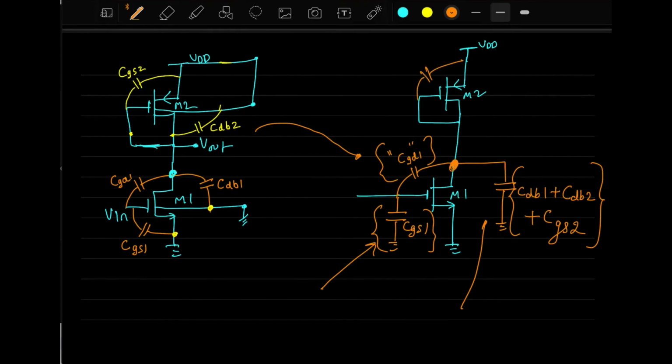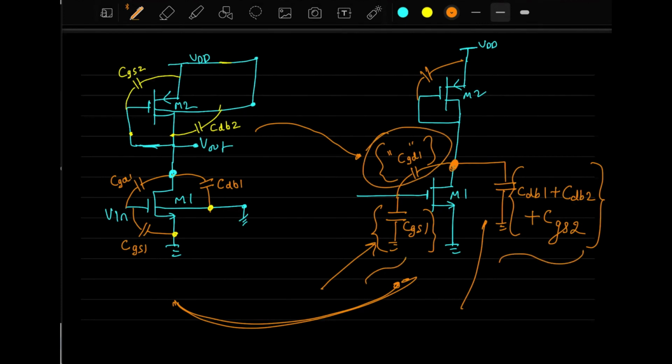It depends upon your architecture. This particular example has a capacitance at the input, at the output, and in between, but it's not necessary. Depending upon the architecture, you have to find out which capacitances are short circuited and which are there. So this is a simple exercise for making you understand how to do that. So let us move forward.